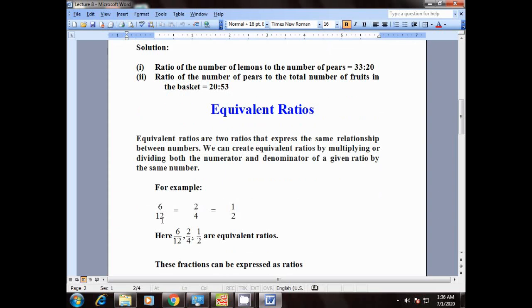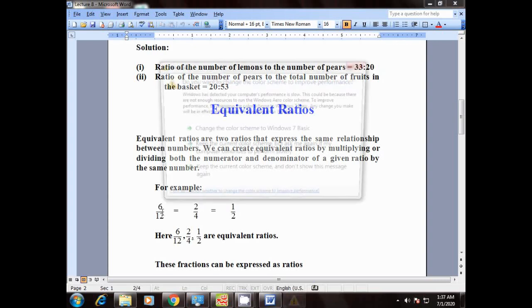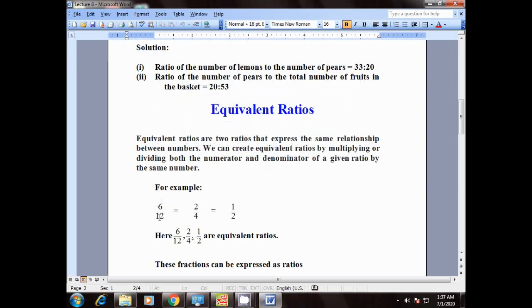We know that this is the fraction form of a ratio, in which numerator 6 represents the first quantity, fraction represents the symbol of ratio, and denominator 12 represents the second quantity. Now, we know that both numerator and denominator have the same common factor, and that is 3.